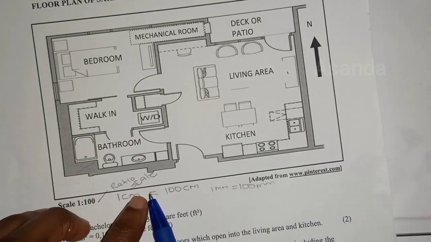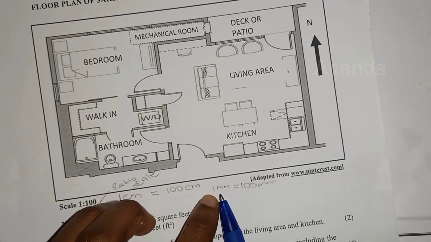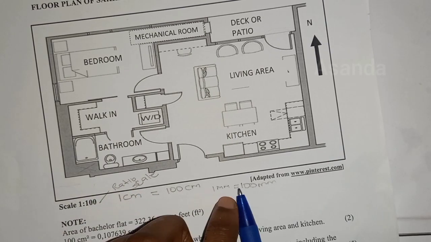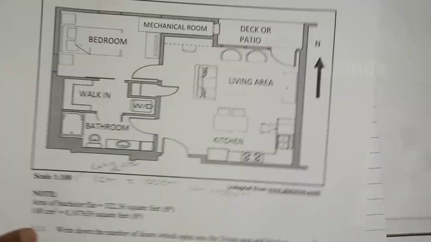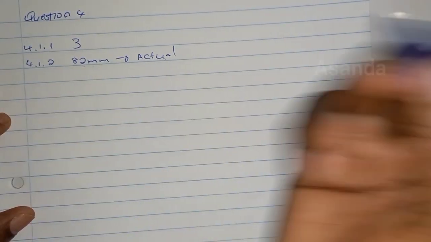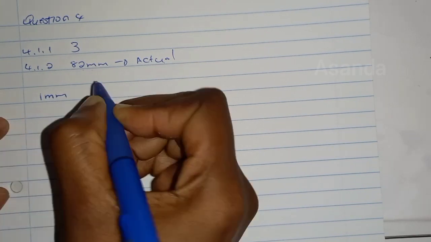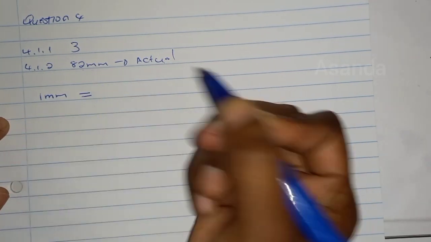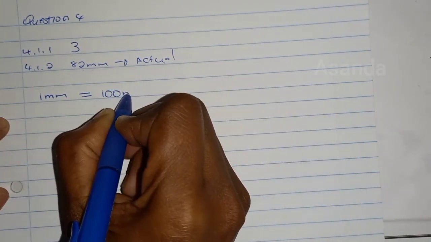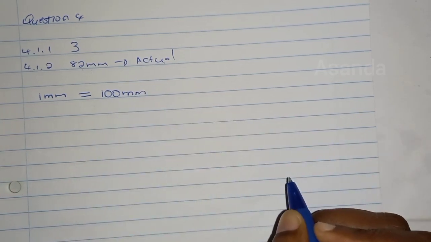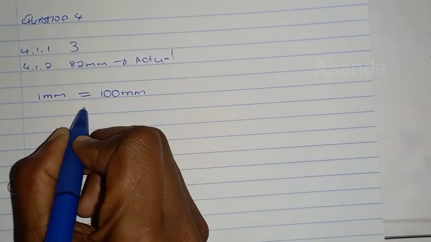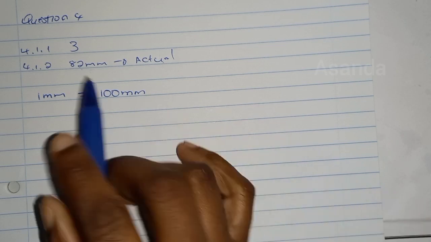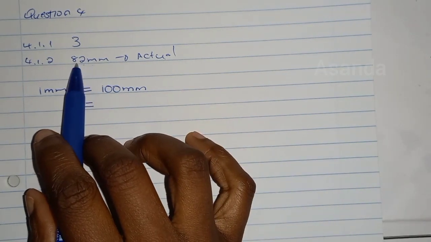Since it's a ratio scale, it also says 1 millimeter on the map is equal to 100 millimeters. So I write that down, like I said, that's how you write it when you're using calculations. 1 millimeter on the map is equal to 100 millimeters on the real ground. I always start with my is equal to, and then I start with what I have. This is a unit measurement of what?